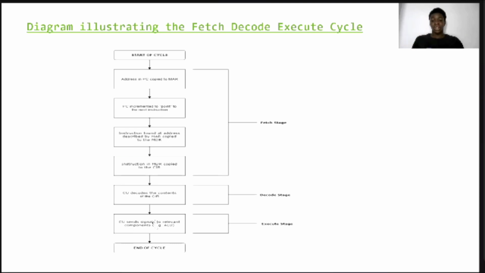The control unit sends signals to relevant components, as I mentioned earlier, the arithmetic logic unit and the accumulator. That's where the instruction is executed. It doesn't just end here, but goes back to start again with new instructions, and goes through the same stages every time.